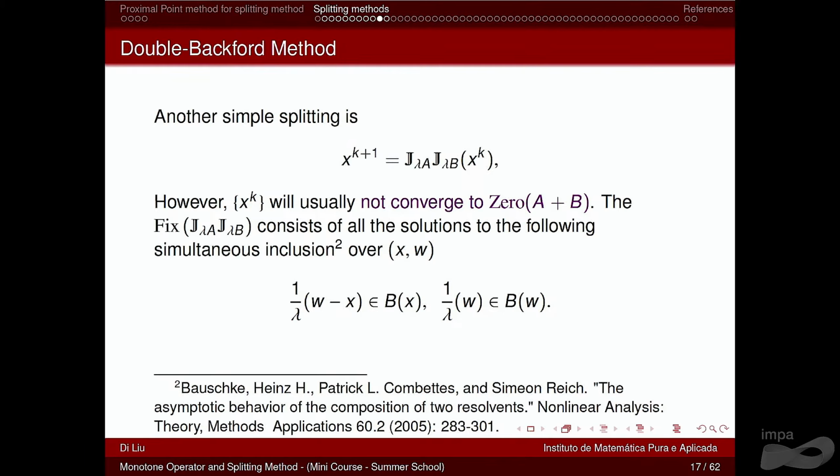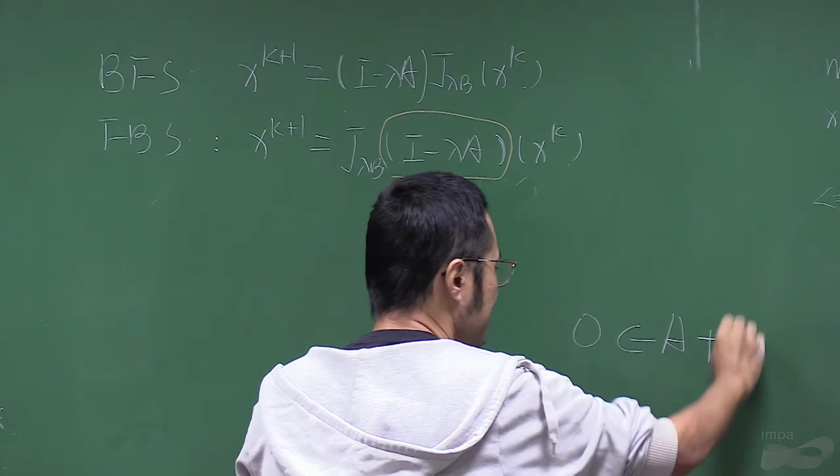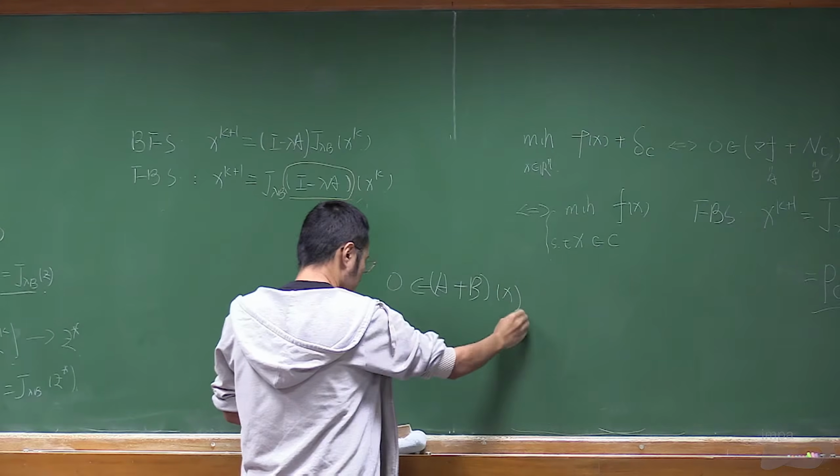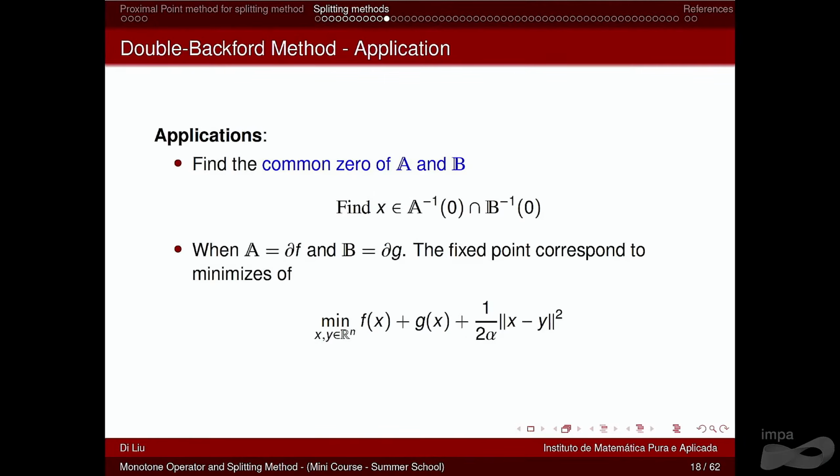But this algorithm, the double backward algorithm, is still useful. What kind of problems could it solve? Instead of solving 0 belongs to A plus B of x, the zero set of the summation, we can solve for the common zero point of A and B, the intersection of A inverse of 0 and B inverse of 0.